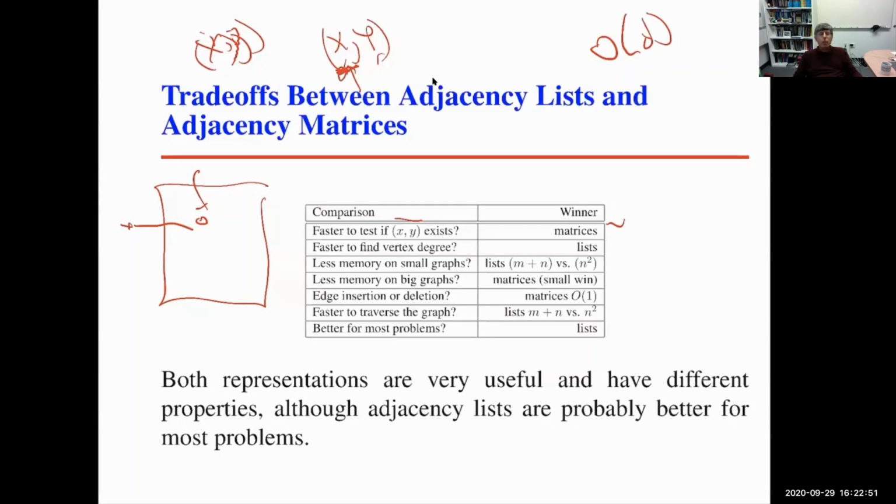Suppose I want to know what is the degree of vertex X. How would I find that in an adjacency list? What do I got to do?